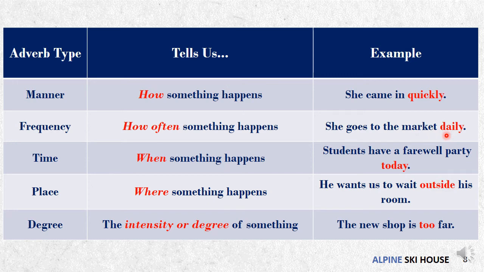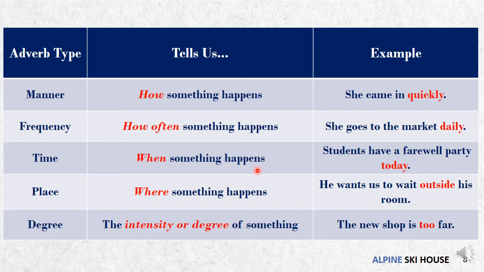Some people are so health conscious that they want to purchase only fresh vegetables. They don't even want to store them in their refrigerators. The third one, adverb of time, says when something happens. Everyone has a question. When did it happen? Sometimes the results are out.